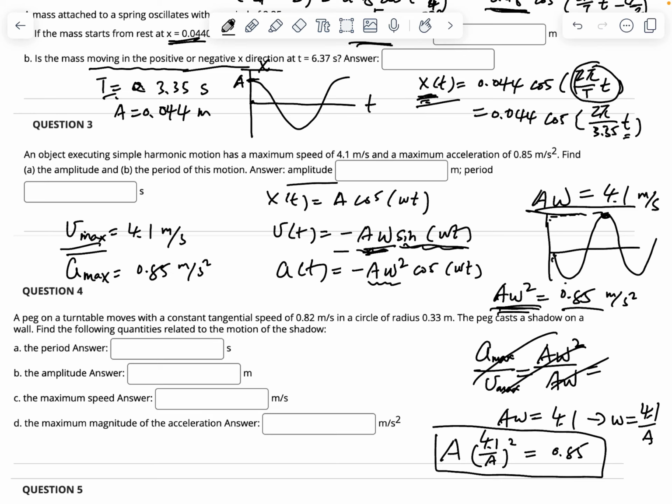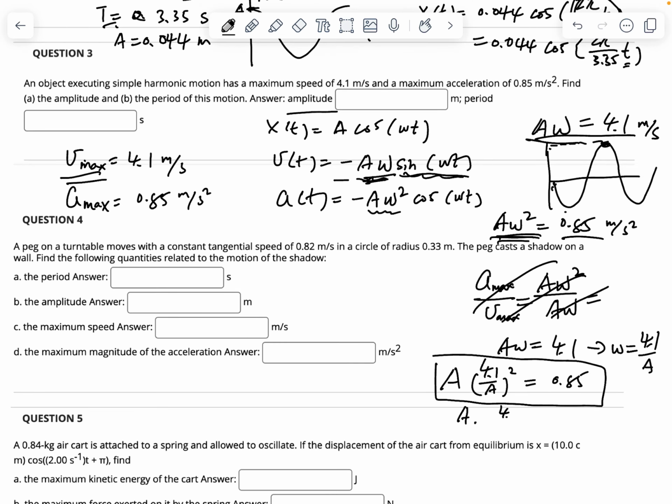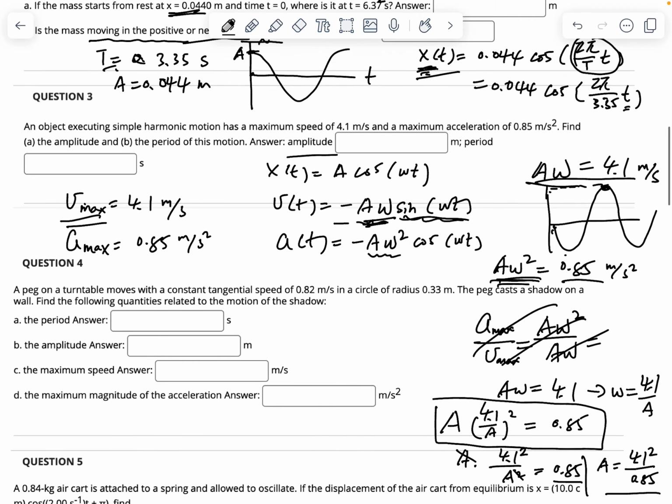So A times 4.1 squared over A squared equals 0.85. One A cancels, so you move A to the other side of the equation, and then you can figure out A. So that's A. The second one is the period.